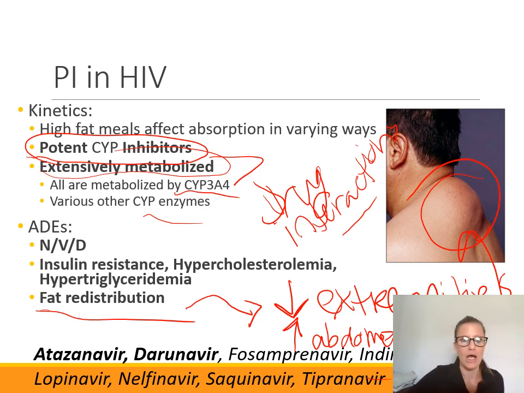Nobody wants their physical appearance to be marred in any way. Tiprenavir has some additional adverse drug effects that are really nasty, like severe hepatotoxicity and intracranial hemorrhage. There's a lot of really bad stuff with tiprenavir, so we don't really recommend tiprenavir.